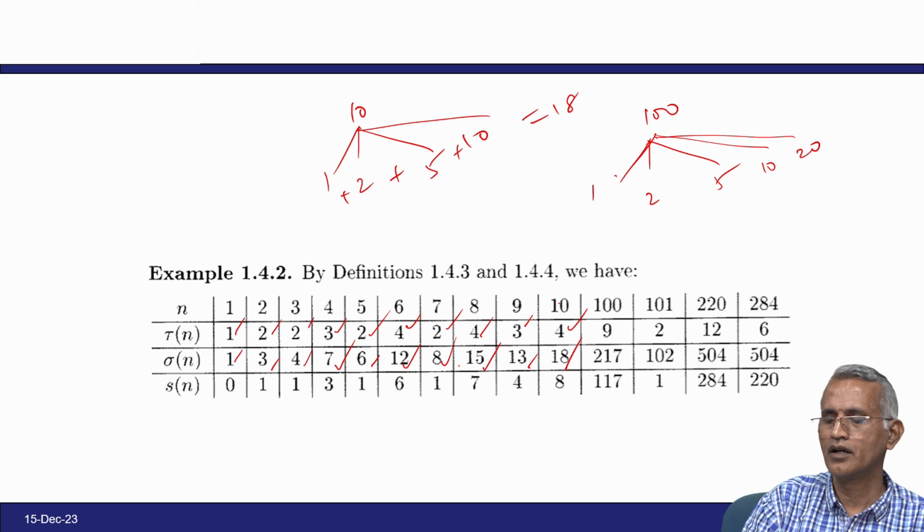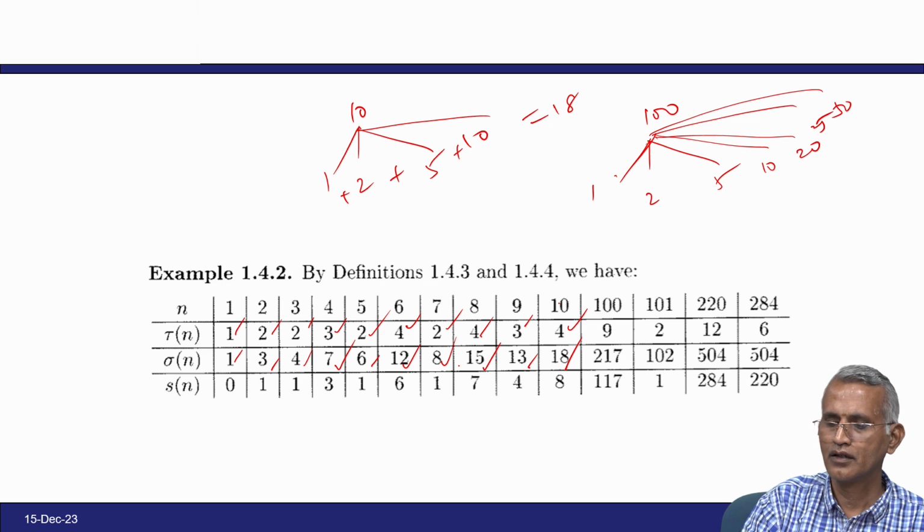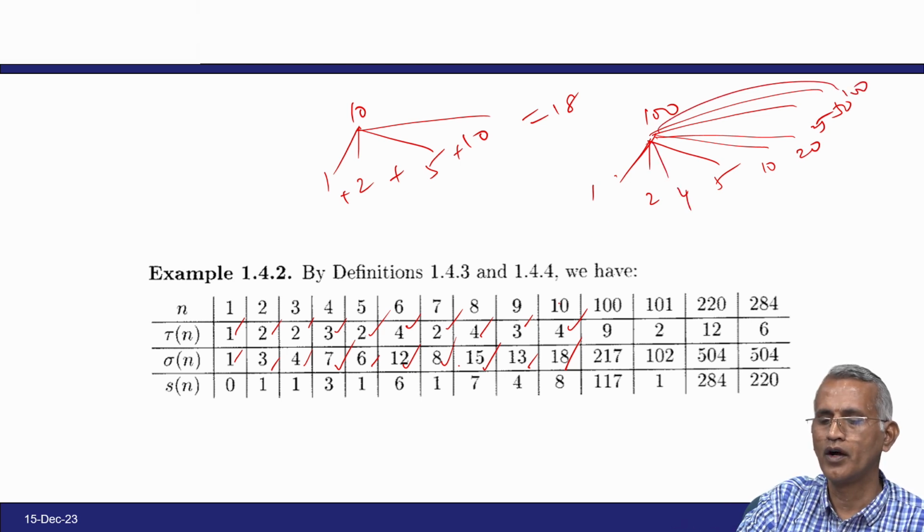Next to 20, 25 will divide, next 50 will divide, right, and then 100 will divide. So, 1, 2, 3, 4, 5, 6, 7, 8, 9. So, 9.